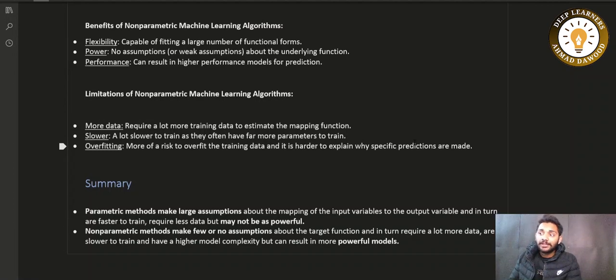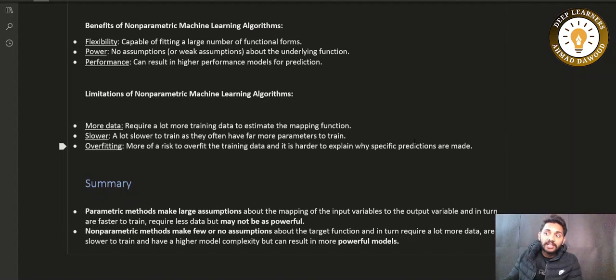And it is slower also, the reason is that it has no fixed number of parameters beforehand. It can have a lot of parameters depending upon the training instances, how much data you are feeding to that type of model. It will learn the functional form, it will learn the relation between inputs and outputs, and along the way it is also finding its parameter values, both parameters and parameter values.